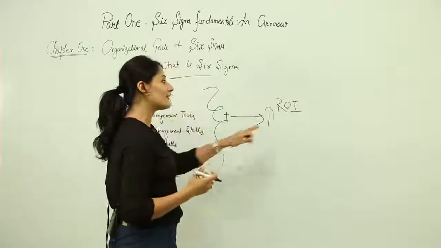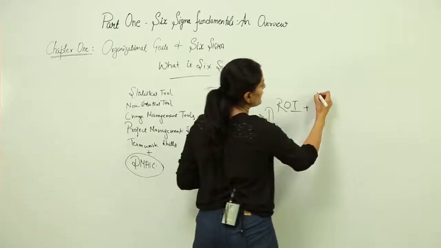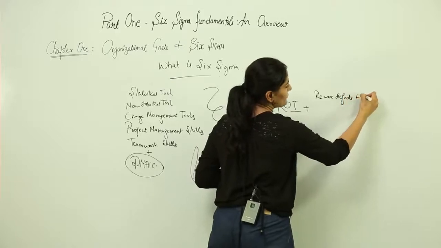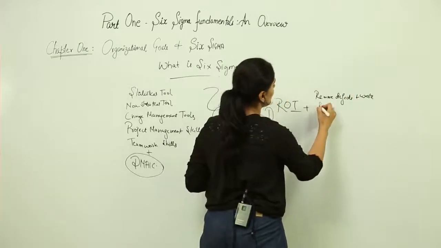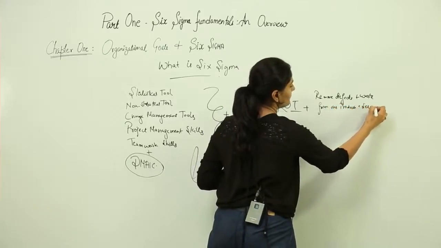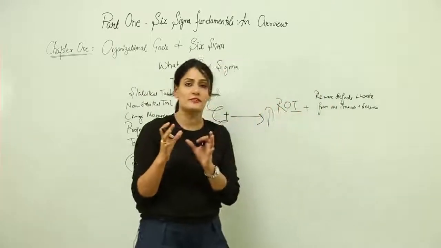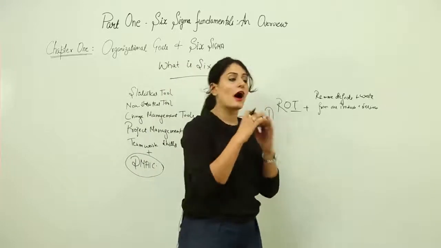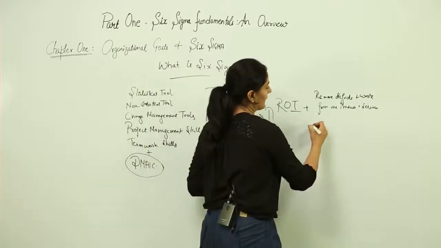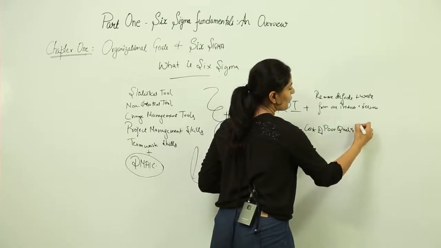This is done because all these tools are used together to remove the defects and waste from our products and services. When we remove the waste and defects from our products, services or processes, our cost of poor quality goes down.